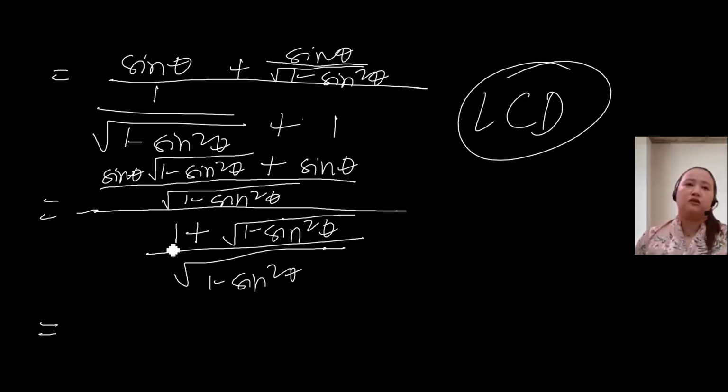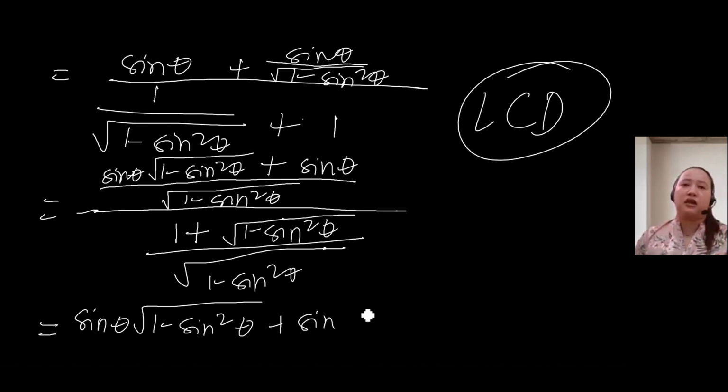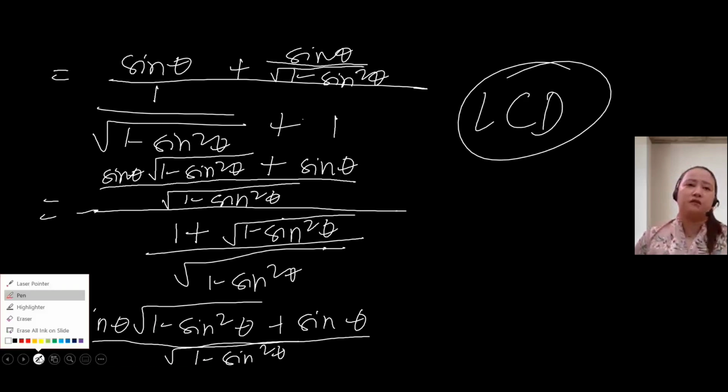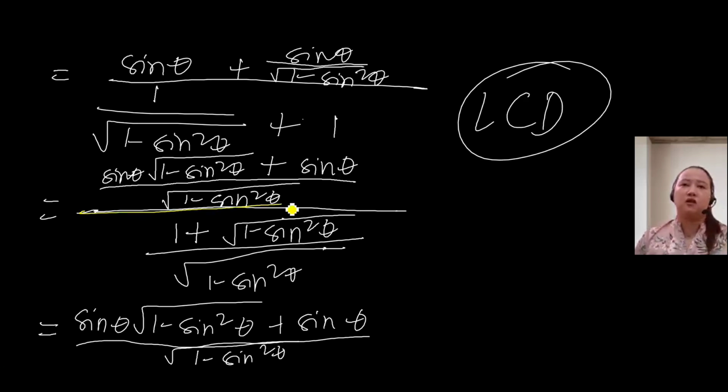So just copy the numerator. So we have sine theta times the square root of 1 minus sine squared of theta plus sine theta, all over the square root of 1 minus sine squared of theta. And then again, the division here would become multiplication.